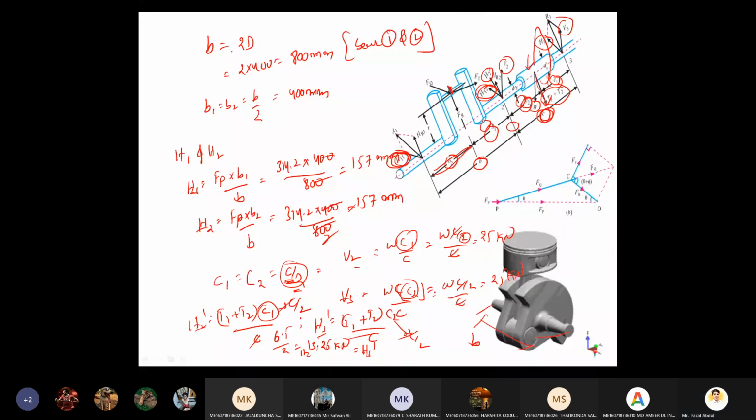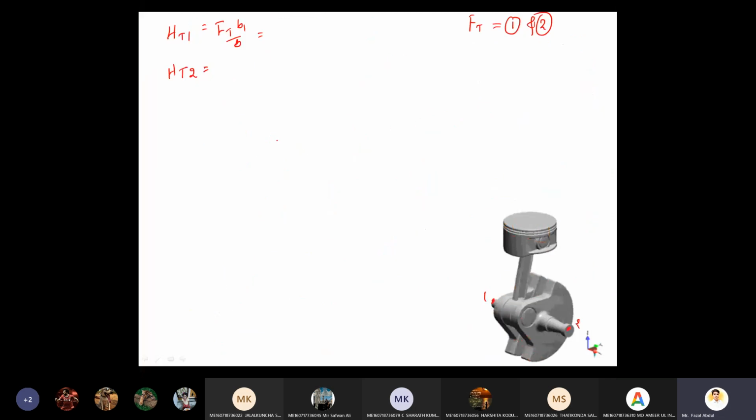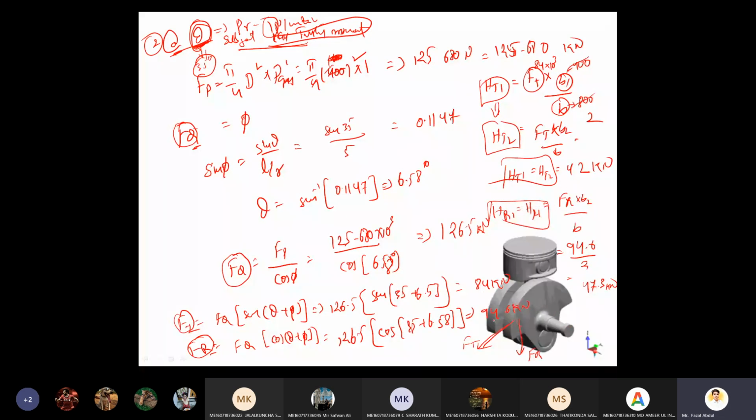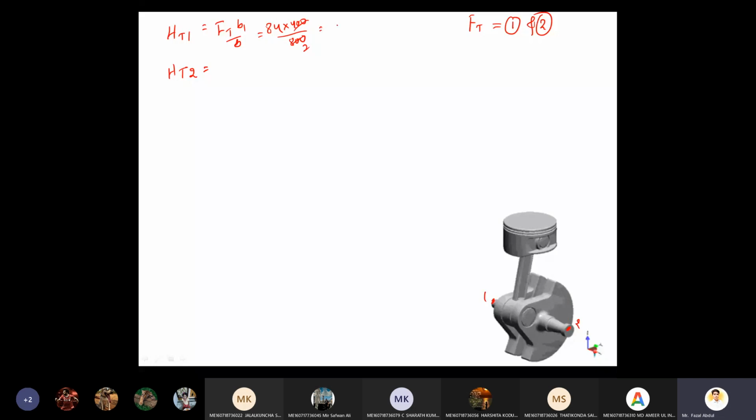B is 2D, total 800, and B1 and B2 are 400 each. So Ft, how much did we get? Ft we got 84 kilonewtons, and Fr 94.6 kilonewtons. So Ft is 84 kilonewtons into B1 is 400, B is 800, so that is 84 by 2, which means 42 kilonewtons.